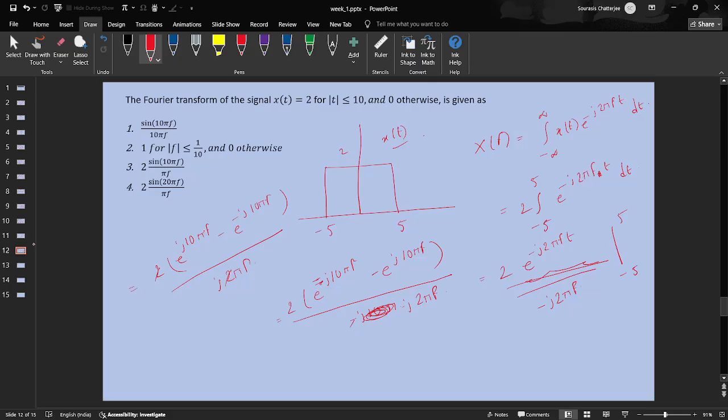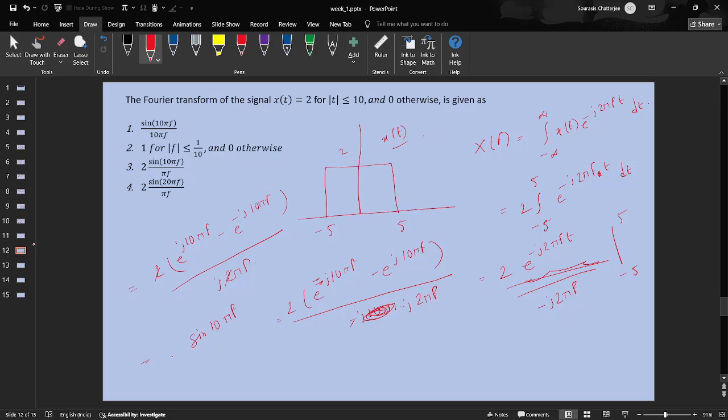e to the power j theta minus e to the power minus j theta, then 10 pi f. Sine 10 pi f. Anything I should need to multiply it with? Into 2.